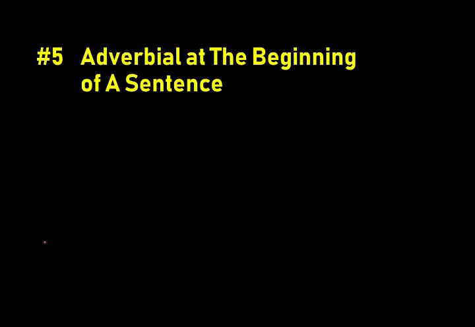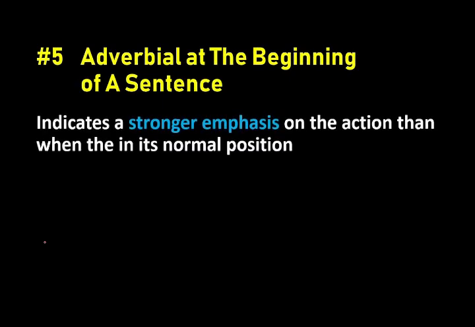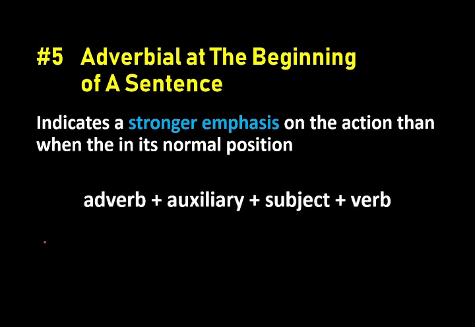And last, we have adverbial at the beginning of a sentence. When an adverbial is used at the beginning of a sentence, this indicates a stronger emphasis on the action than when it is in its normal position. To use an adverbial at the beginning of a sentence, use this form.